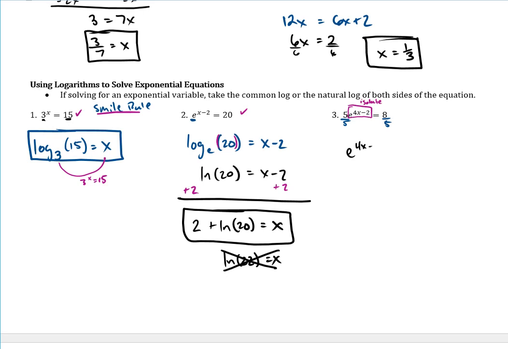So I would have e to the 4x minus 2 equals 8/5. And now I can apply my smile rule. My base is e, so log base e of the far number, 8/5, equals the leftover exponent, 4x minus 2.